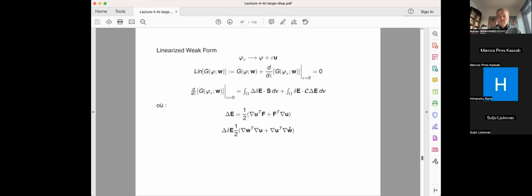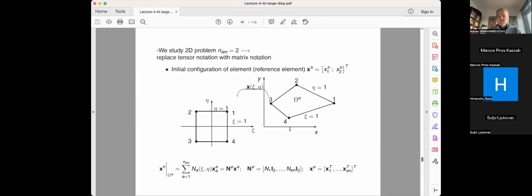Once you've been through this, you have your weak form, and then you want to build the corresponding element arrays. So typically you go to an isoparametric element. Here I picture the four-node quadrilateral element, produced by the isoparametric mapping from the parent element placed between -1 and +1.